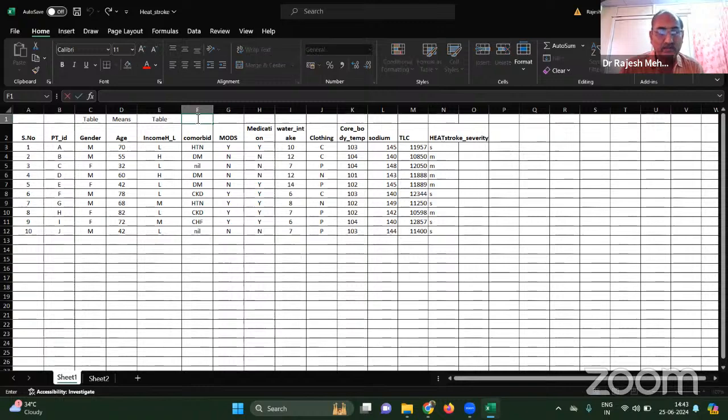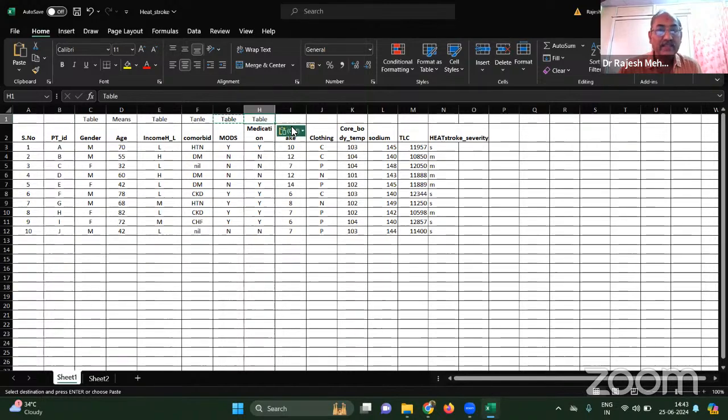Comorbid condition: here you will be using table command. And here, whether multi-organ failure is there or not, you are going to use table command. Medication, yes or no, table command. Here, water intake is a measurement variable where you can find the mean of water intake. Clothing, again, table command.